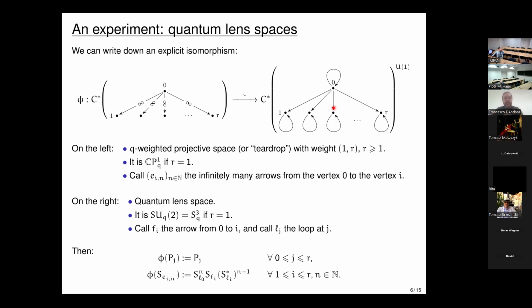Then there is this explicit formula, which tells you to send each vertex projection to the obvious one, P_j to P_j, which is not a very good notation, but I hope you understand what I mean. So the vertex projection 0 on the left goes to the vertex projection 0 on the right, and so on. And then you send the partial isometry of the edge S_{e_{i,n}} to this product: you take L_0 n times, then move down with the arrow F_i, and then you take the loop L_i n plus 1 times, but you don't take the partial isometry S, but its adjoint.